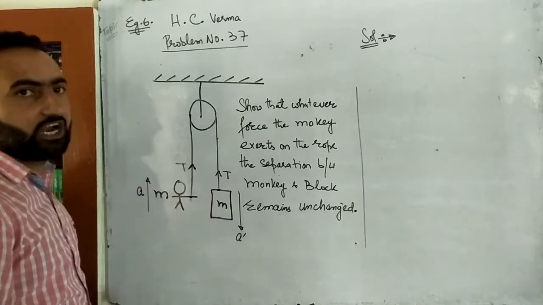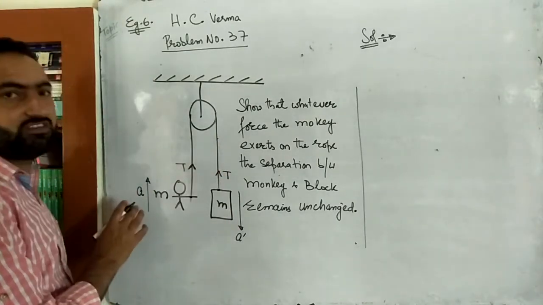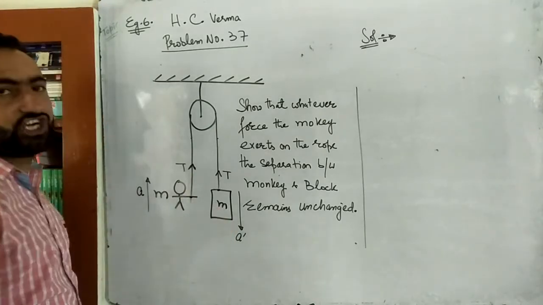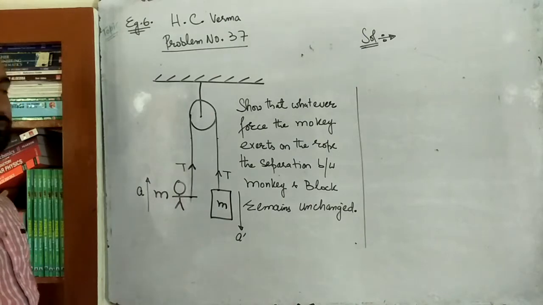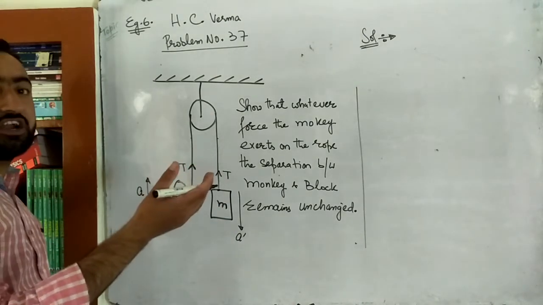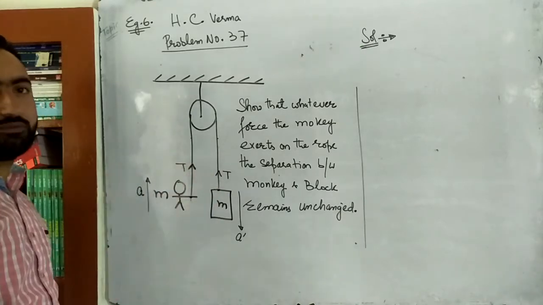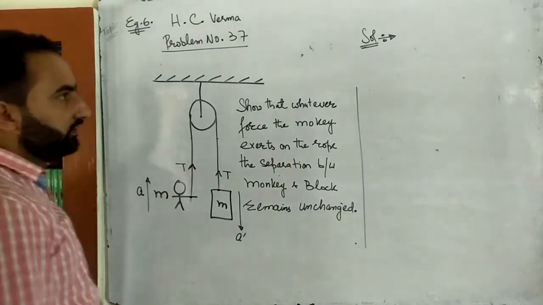But we have supposed that its acceleration is a dash downwards, which is different from this in magnitude and in direction as well. So if we can prove that a dash is equal to minus a, that in turn implies that this accelerates upwards. It's a contradiction, so it accelerates upwards with the acceleration a, hence proved. So simple.